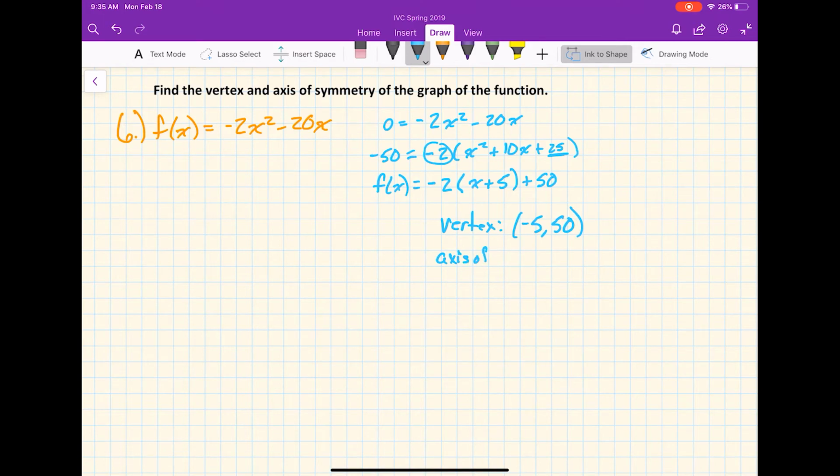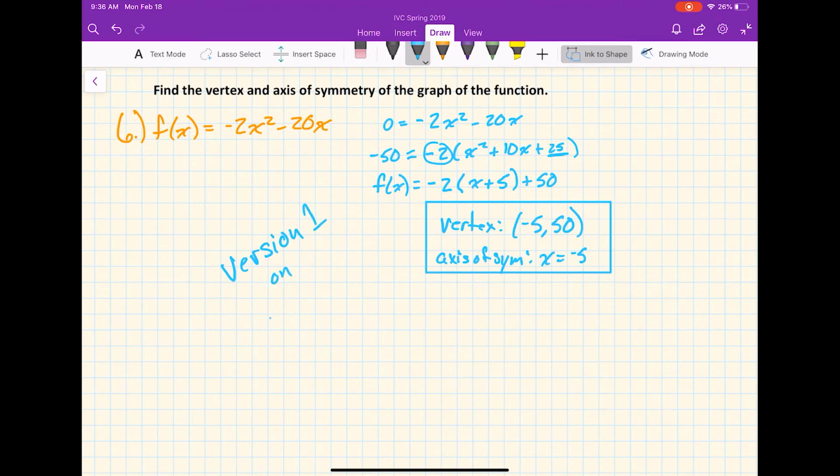And our axis of symmetry is x equals negative 5. Guess I don't really need to bracket there, but square that off. The x plus 5 quantity is supposed to be squared. But anyway, this is version 1 or method 1 to get you the answer for this question.